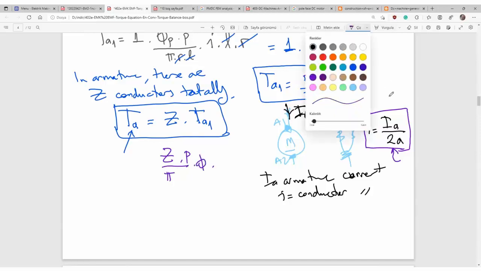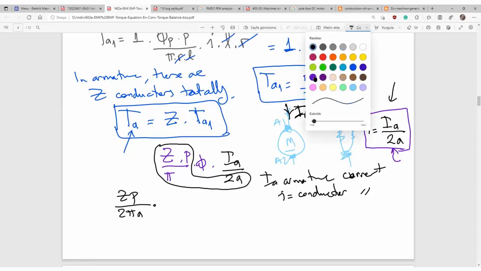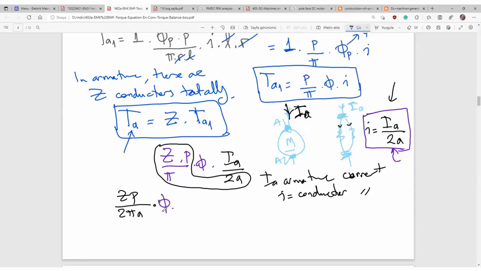The current is here: armature current over double A. Let's make a new arrangement: ZP over 2 pi A. I have collected all the constants at the beginning, and then the flux, that is the pole flux, and then the armature current. That is the induced torque.